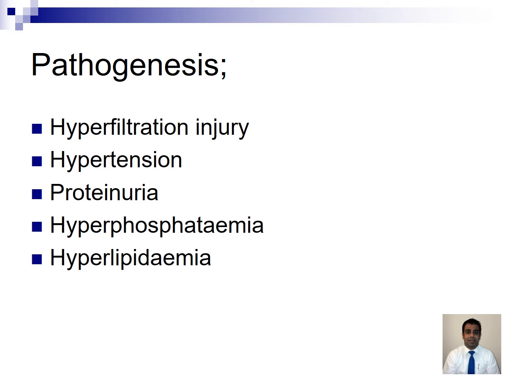Hyperphosphatemia and hyperlipidemia, both because of the vascular changes that ensue, lead to progression of chronic kidney disease. So the pathogenesis of chronic kidney disease is important, because manipulation of this process of progression is what we basically aim at when we try to slow the progress of chronic kidney disease.